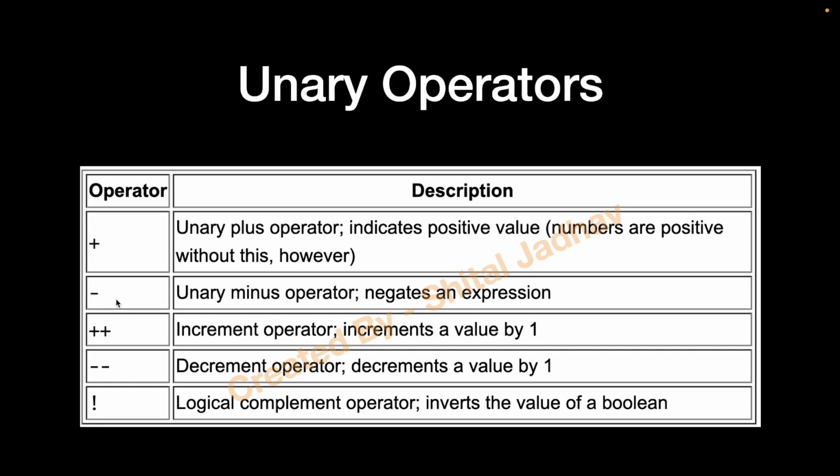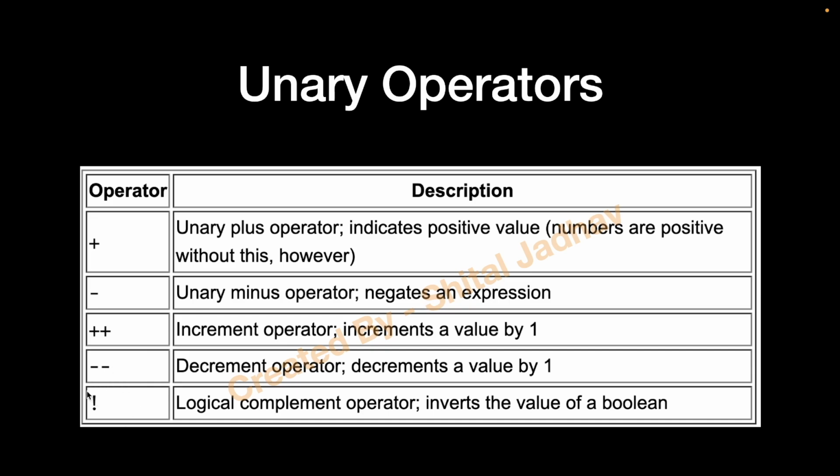Like if you have, let's suppose, 5, and you put this minus before that 5, it means this is a negative number. Now plus plus is the increment operator, and it will increment the value by 1. Minus minus is the decrement operator, and it will decrement a value by 1.